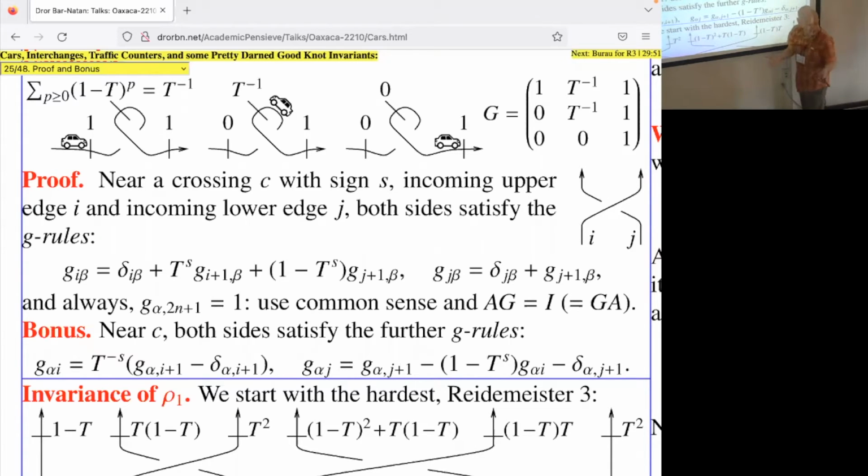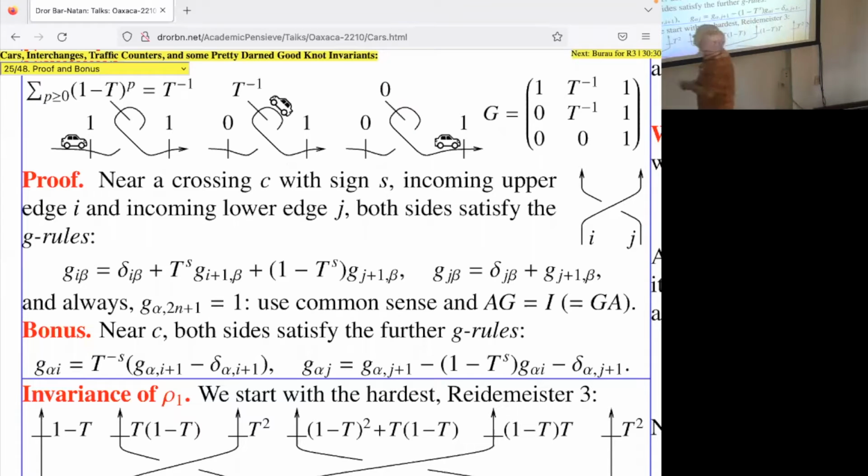And that's exactly what the traffic laws were. Then the delta function has to do with the fact that if beta, the placement of the counter, is precisely on strand I, then there is a difference between injecting at I or injecting above the crossing, because if you inject at I, you count one more car than if you inject here or here.